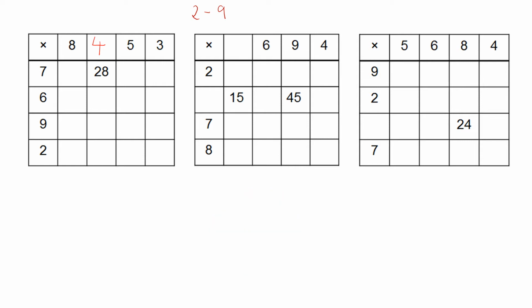So pause the video here and have a go trying to fill this grid in. Okay, let's go through the answers then. So 7 times 8, 56. 6 times 8 is 48. 8 times 9 is 72. 2 times 8, 16. 4 times 7 has already been done for us. 6 times 4 is 24. 9 times 4, 36. 4 times 2, 8. 5 times 7, 35. 5 times 6, 30. 5 times 9 is 45. 5 times 2 is 10. 7 times 3 is 21, 6 times 3 is 18, 9 times 3 is 27, and 2 times 3 is 6.